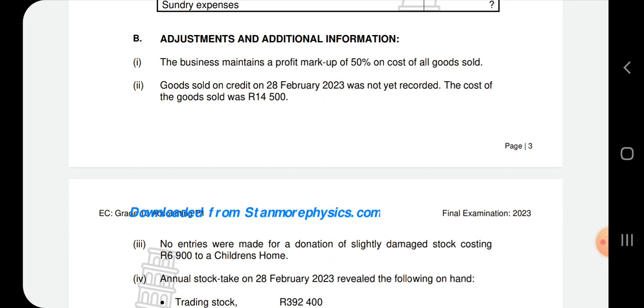So these goods that were sold were not subtracted from the trading stock. And again, we made a donation of slightly damaged stock costing 6,900 rand. So that is where the difference is. In this case, nothing was stolen. We just donated and sold, and those transactions were not recorded.